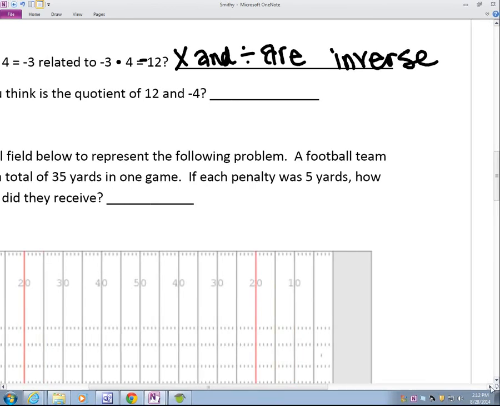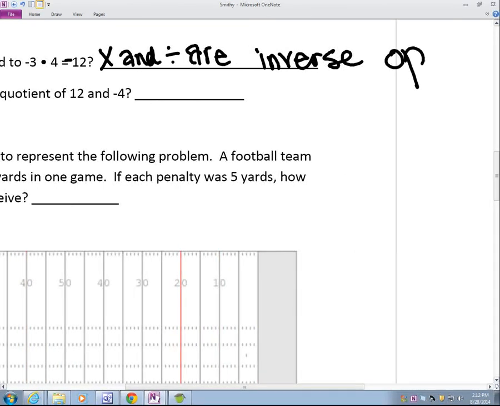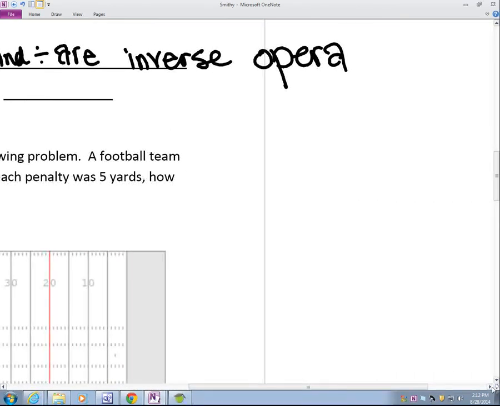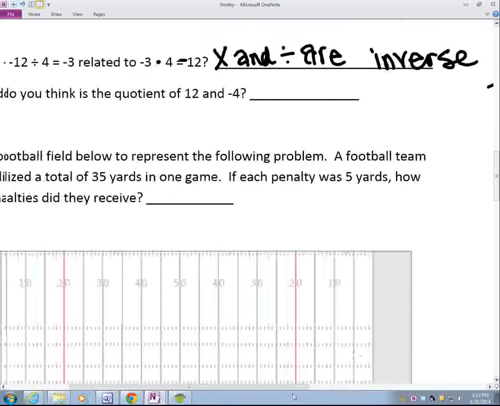Multiplication and division are inverse operations. Because they're inverse operations, you switch them around. They're the opposite sort of stuff.